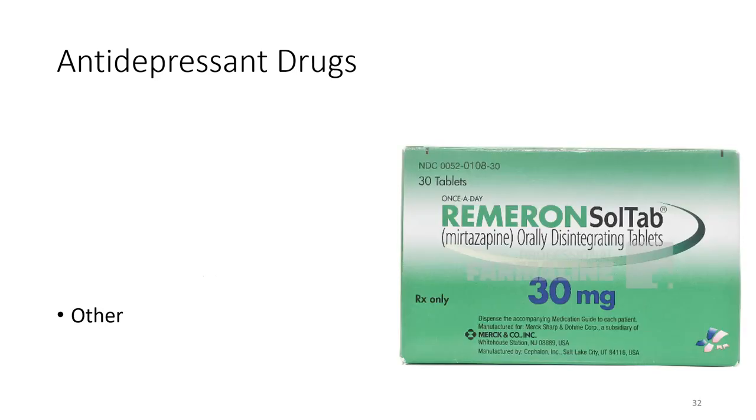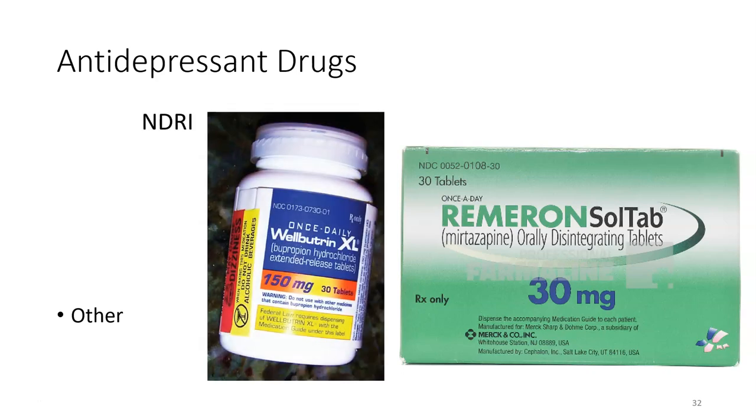Other drugs don't fit into the other classes and are sometimes referred to as atypical antidepressants. Other drugs used to treat major depressive disorders can include bupropion, which is an NDRI, a norepinephrine dopamine reuptake inhibitor.